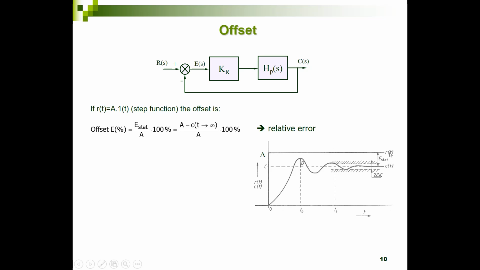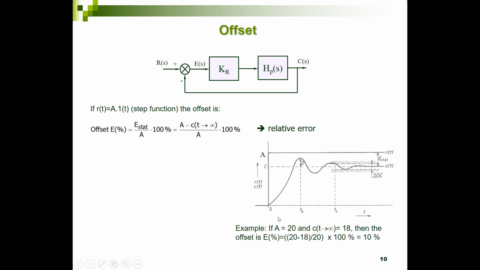So I can say the offset is the static error referred to the step value A. So it's A, the step signal value, minus the output of my system in the static situation over here, divided by A. And when we have an offset definition in percentages, we have to multiply it by 100%.